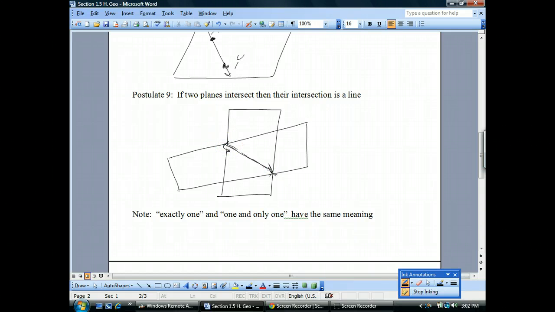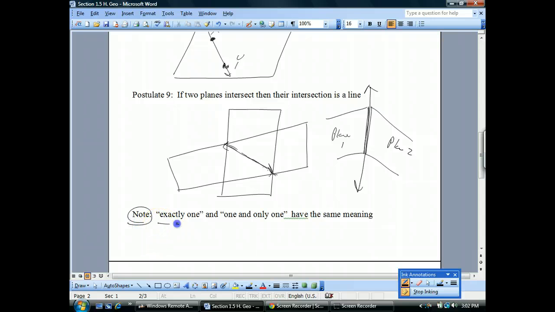Okay? And I didn't do a very good job drawing that, but if you picture our classroom, these are walls that meet in our classroom, and so this is plane 1, and this is plane 2, and they intersect at this corner. That corner represents a line, so that's probably a better way to see it than my original drawing.